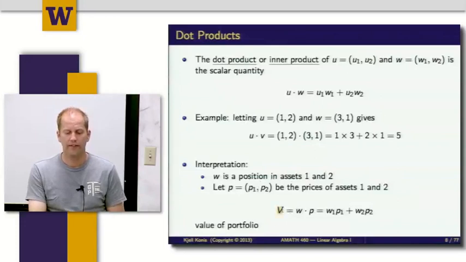Then if I define V to be the dot product of W and P, W dot P, that's going to be the number of shares of asset 1 times the price of asset 1 plus the number of shares in asset 2 times the price of asset 2, and that'll just be the value of my portfolio.